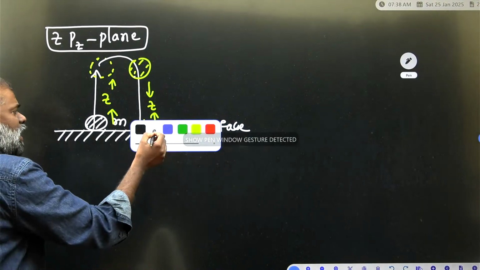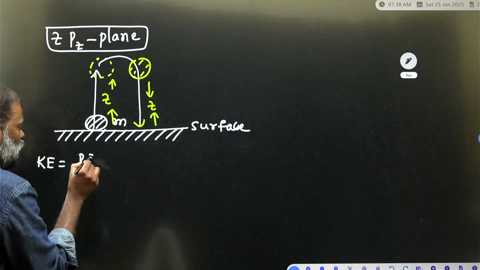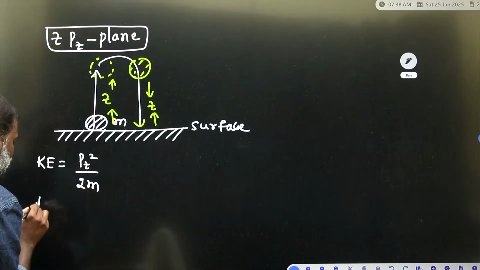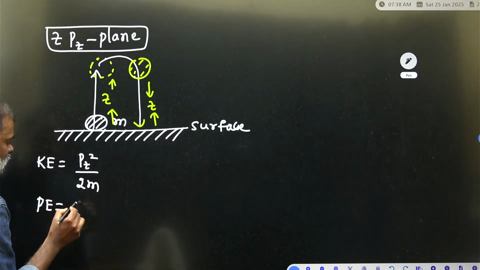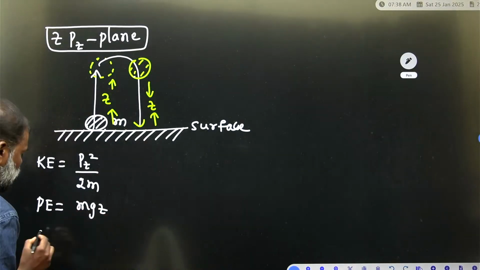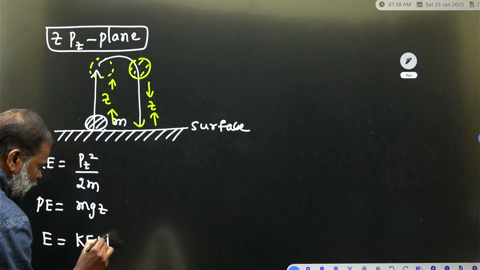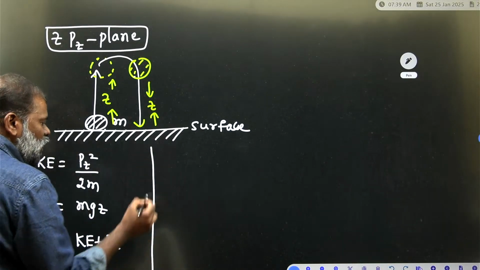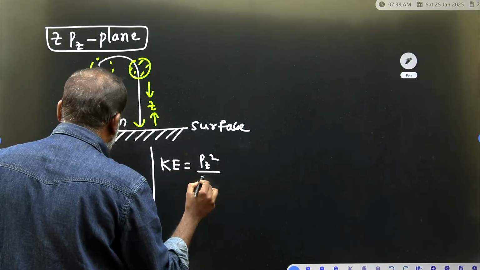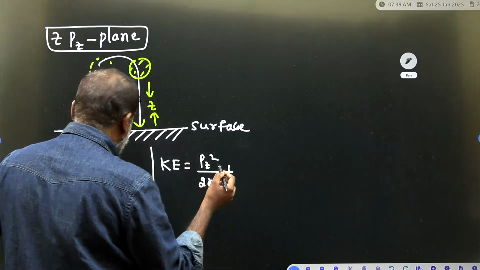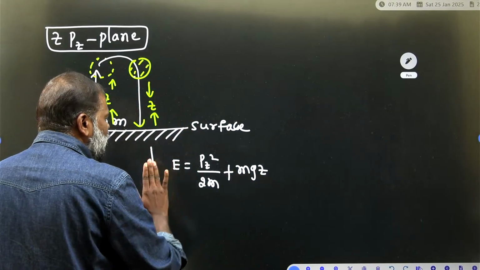Now find the kinetic energy of this bouncing ball, which is pz squared by 2m. The potential energy is mgz. Therefore, the total energy E is kinetic energy plus potential energy: E = pz squared divided by 2m plus mgz. This is the total energy of the system.